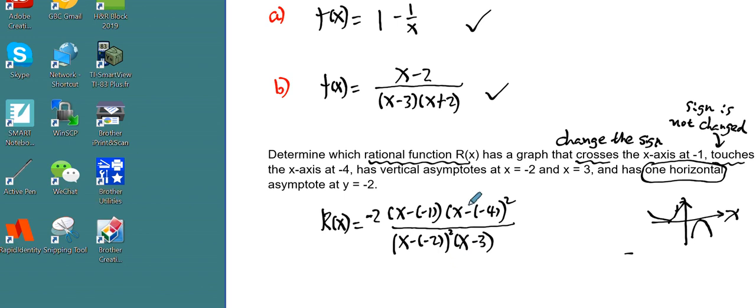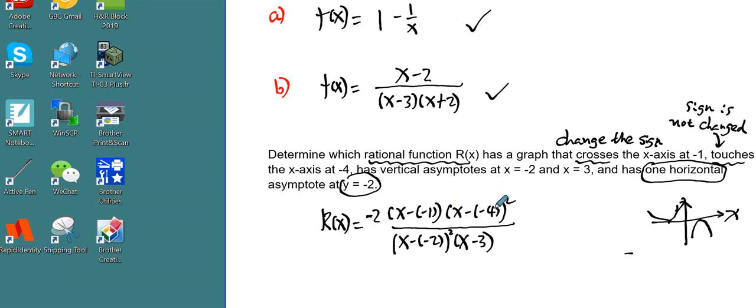Now, this -2, you have to put right here. That's the ratio of the leading coefficients. You multiply this one out again, you get degree 2 with leading coefficient 1.